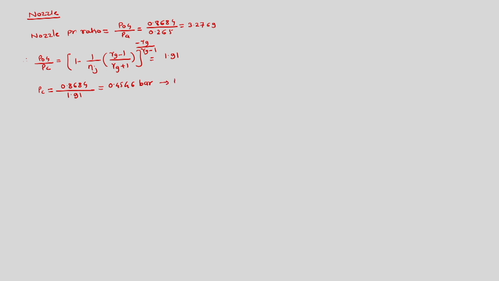We know atmospheric pressure is 0.265 bar. So the choking pressure is higher than atmospheric pressure, so there is enough scope for expansion, so the nozzle is choked. So we can say that the nozzle is choked.